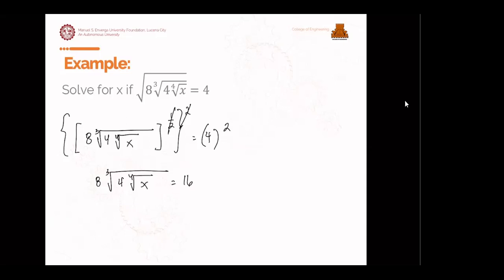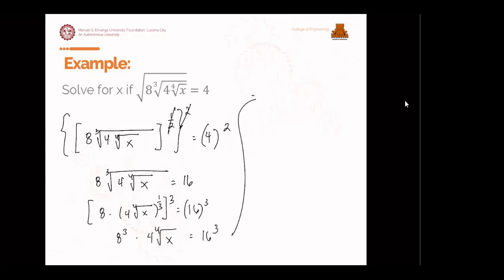And then yung kasunod, magiging 8 times 4 fourth root of x. So ito is naka-raise ng 1/3. Equals to 16. So kailangan natin eliminate si 1/3. Raise natin ng 3 both sides of the equation. So to retain yung equality ng equation, kailangan kung ano yung ginawa mo sa left side, gagawin mo sa right side. Okay? And 8 cube. So this will be 4 fourth root of x is equals to 16 cube.